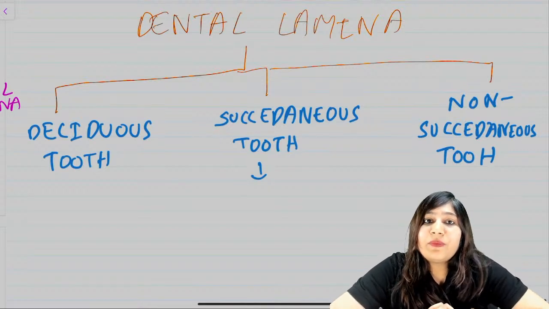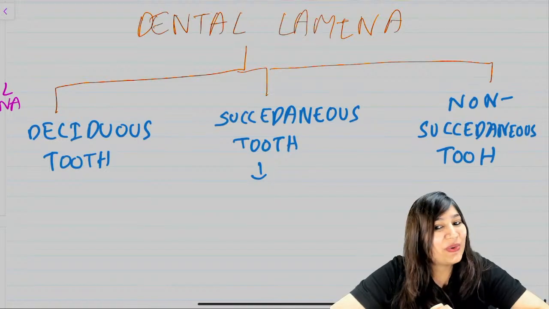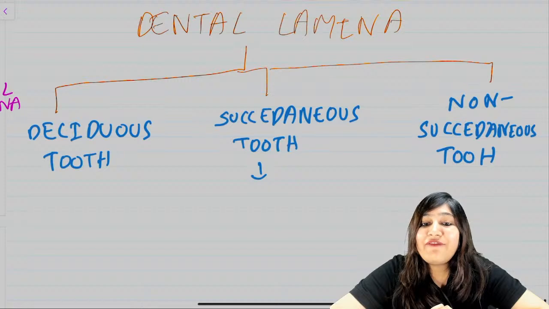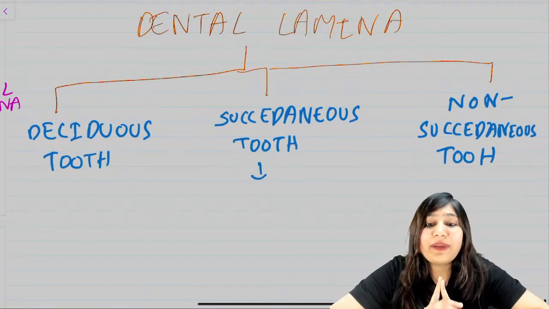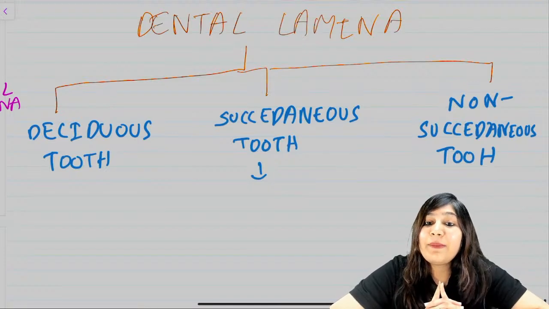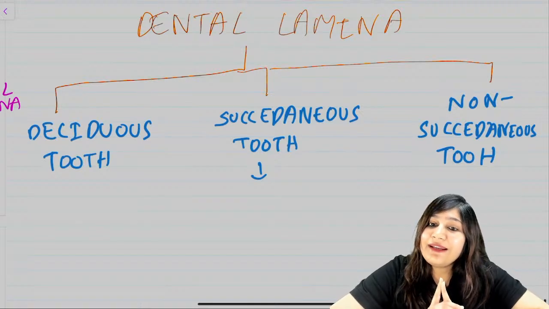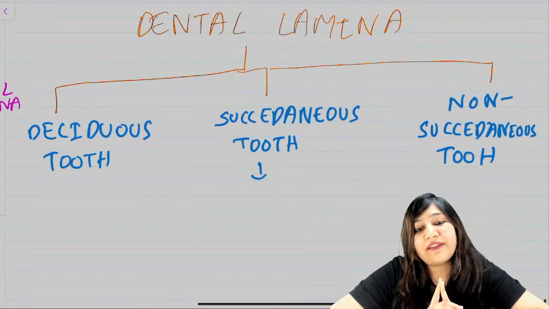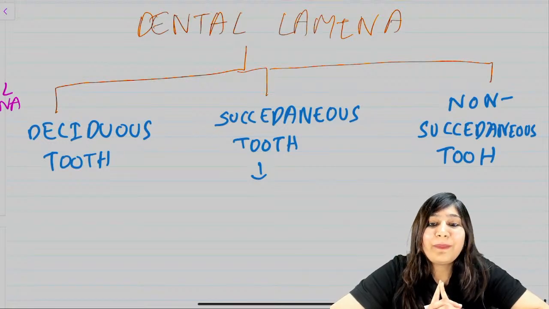Now coming to premolars. Do we have premolars in primary dentition? No. We have molars. So the first primary molar will be replaced by the first permanent premolar, right? And the second primary molar will be replaced by the second permanent premolar.